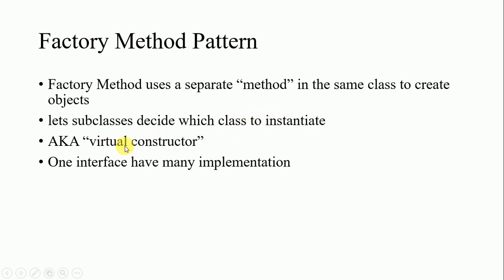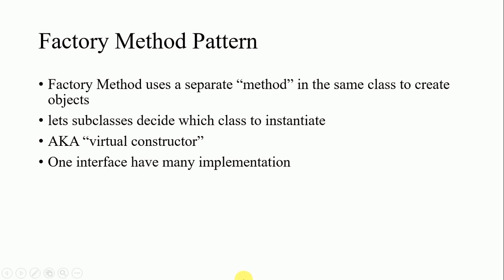This is also called a virtual constructor, because a constructor is a special type of method that is used to initialize the value of the object. But in this case, you call it from the factory method, which is also called a virtual constructor. So you have only one interface and many implementations.